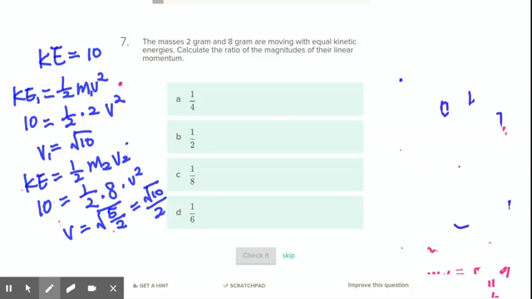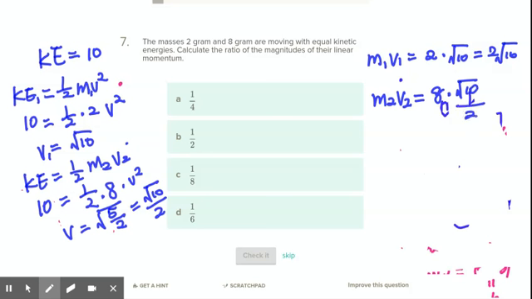So if we plug in the numbers, the momentum of the first one is m1 v1, right? Our m is 2, our v is root 10, so you will get 2 root 10. The momentum of the second one is m2 v2, our mass is 8, multiplied by root 10 over 2.